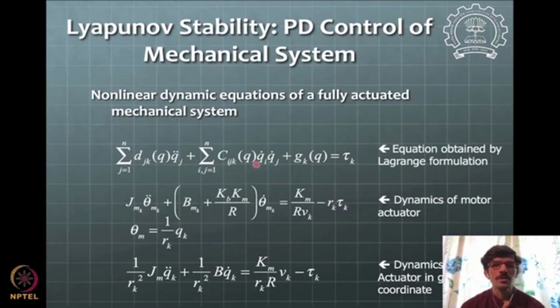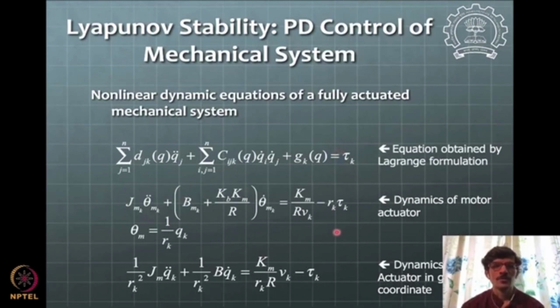This is the connection between the Lagrange formulation, which gives us the external force in the direction of the generalized coordinate, and the torque provided by the motor. So this is coming as a load torque on the motor dynamics.